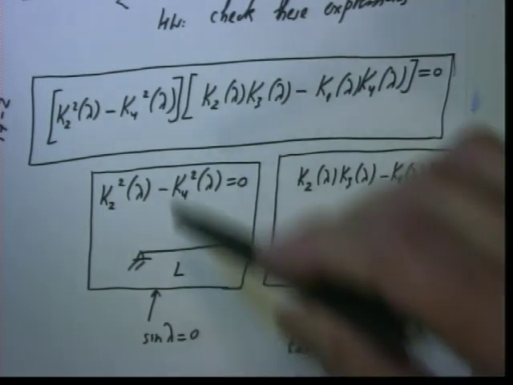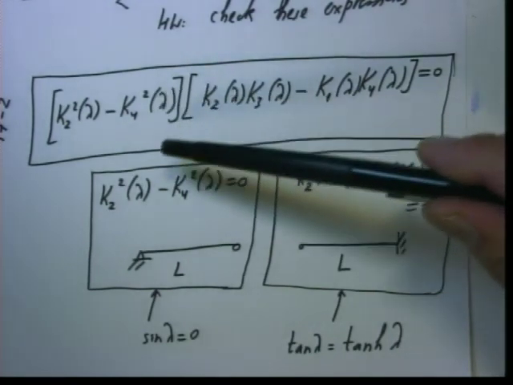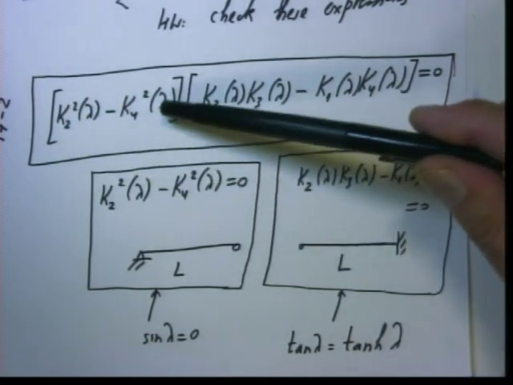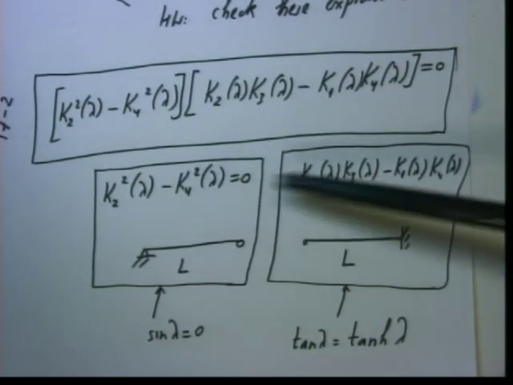So that can be factored. That means that frequencies of this 2-span beam coincide with the solutions of this first equation equals 0 and second equation equals 0, of this and this.